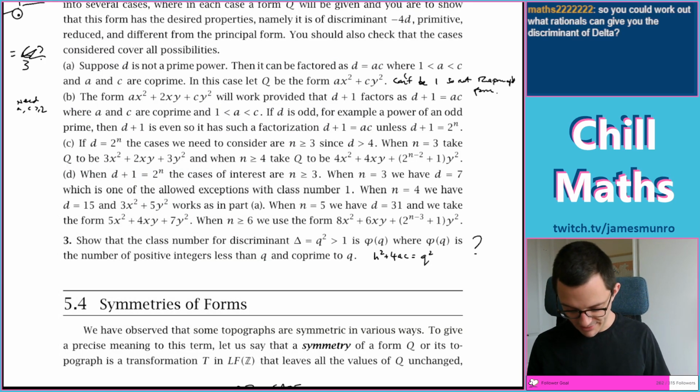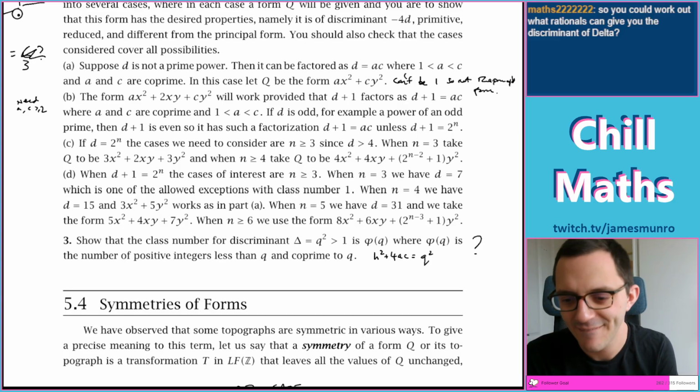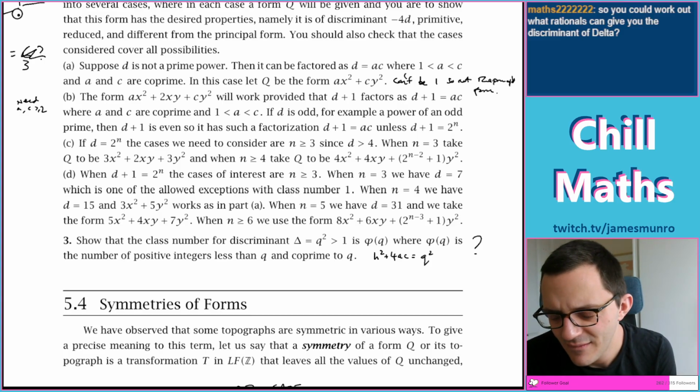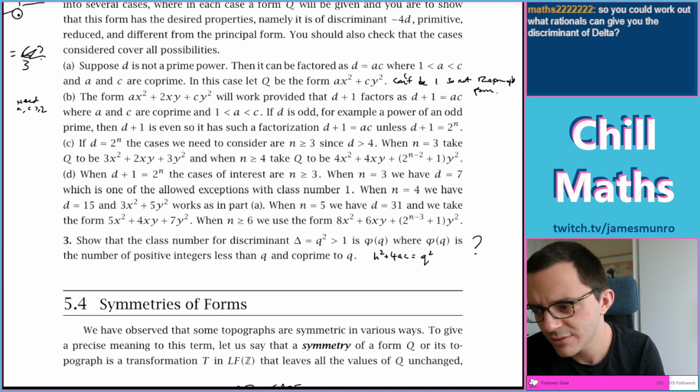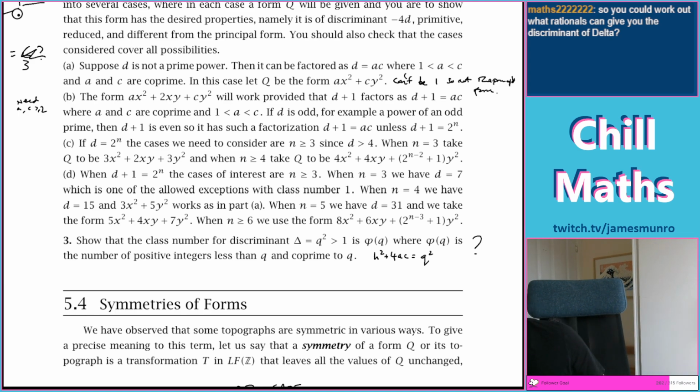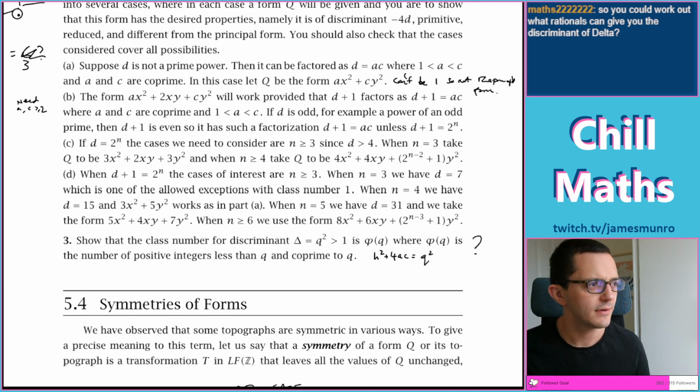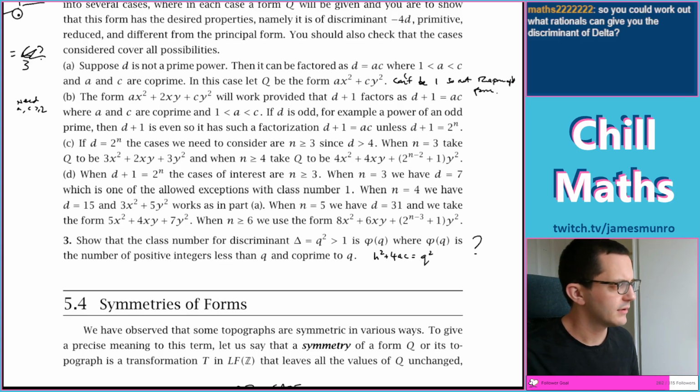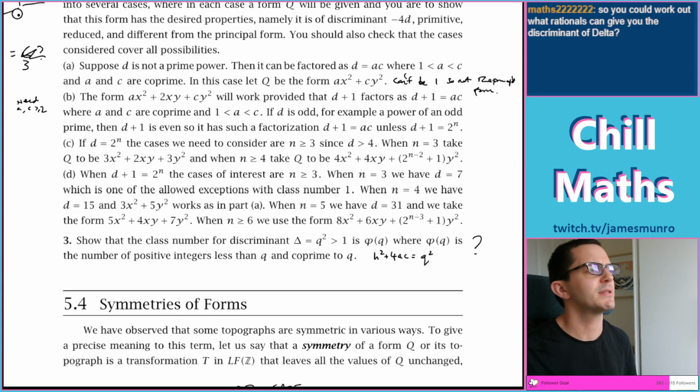I'm so surprised by this fact. This seems weird. Can I chase it through at all? Yeah, maybe that's kind of what we're doing. What rationals can give you the discriminant of delta? Yeah, we're kind of working through cases, aren't we?